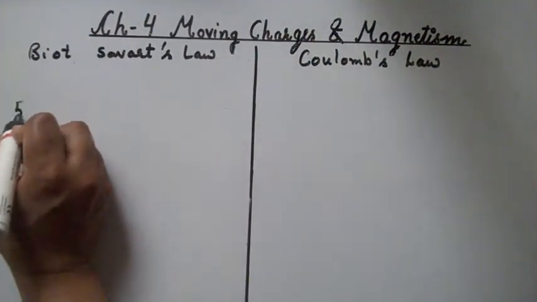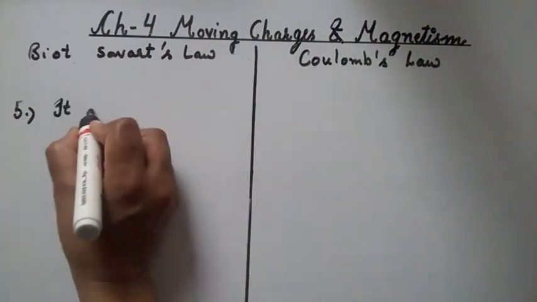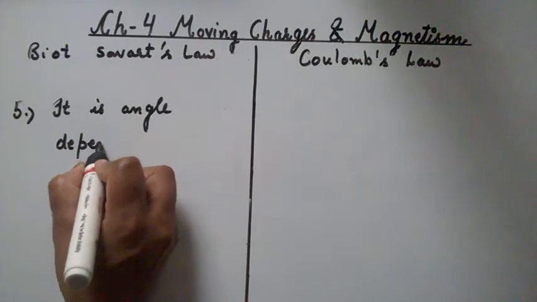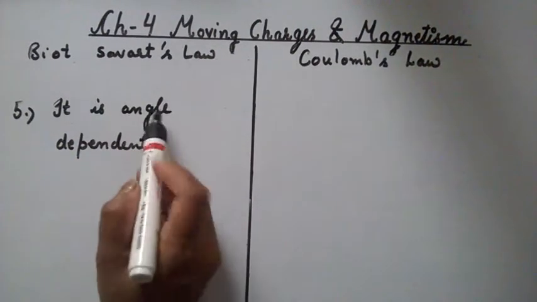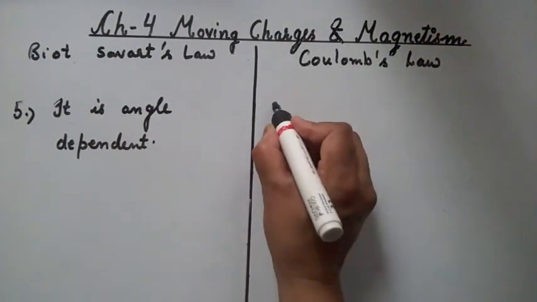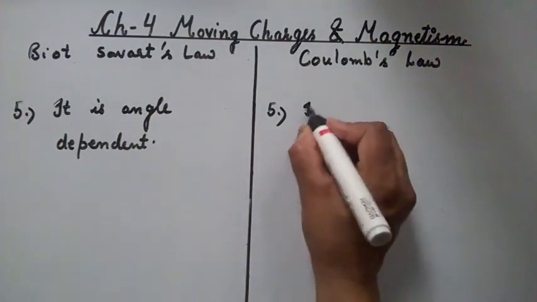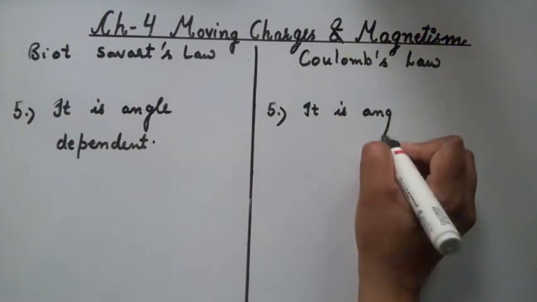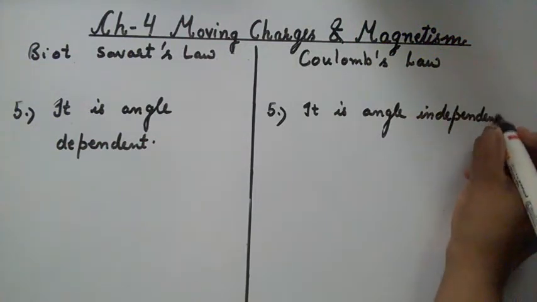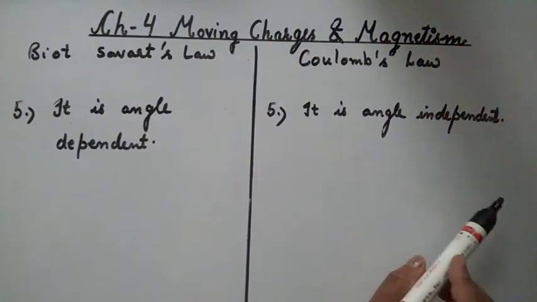And the last point is that Biot-Savart's law is angle dependent. That is, the angle between I dl and the position vector r. Coulomb's law is angle independent. That is, the force between 2 point charges does not depend on any angle between them.